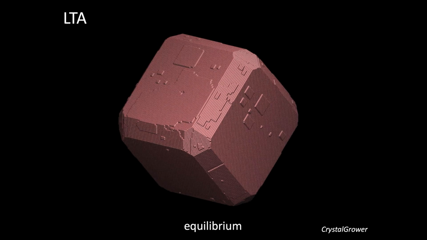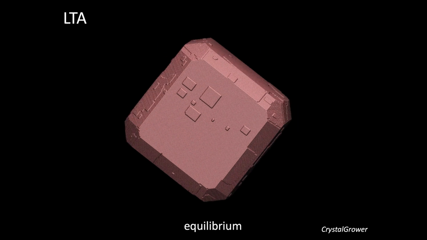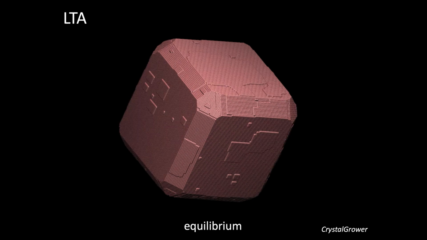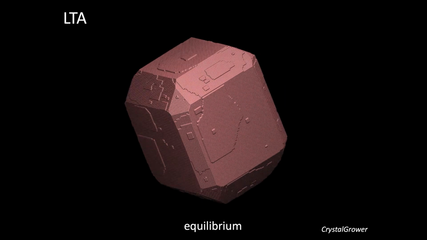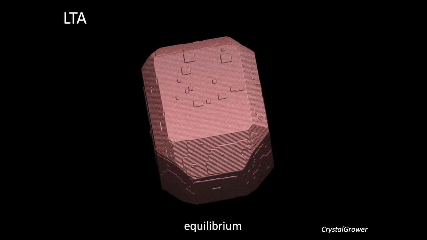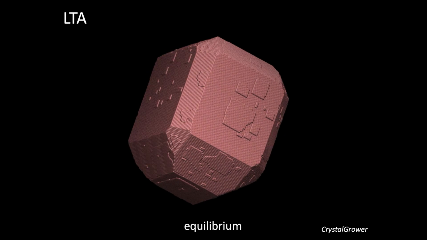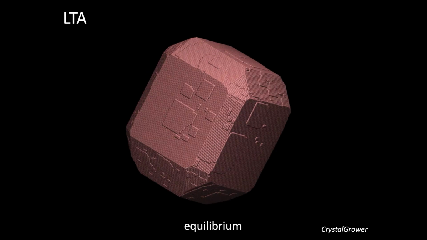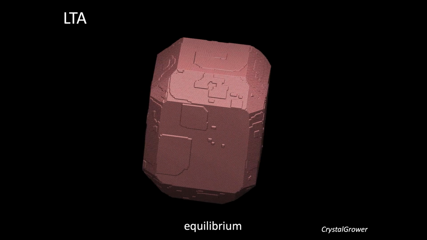We can come towards equilibrium, and CrystalGrower can find the equilibrium point naturally. We can do that with or without a screw dislocation. And all this helps us by comparing with experiment to pin down those very, very small free energies of crystallization.